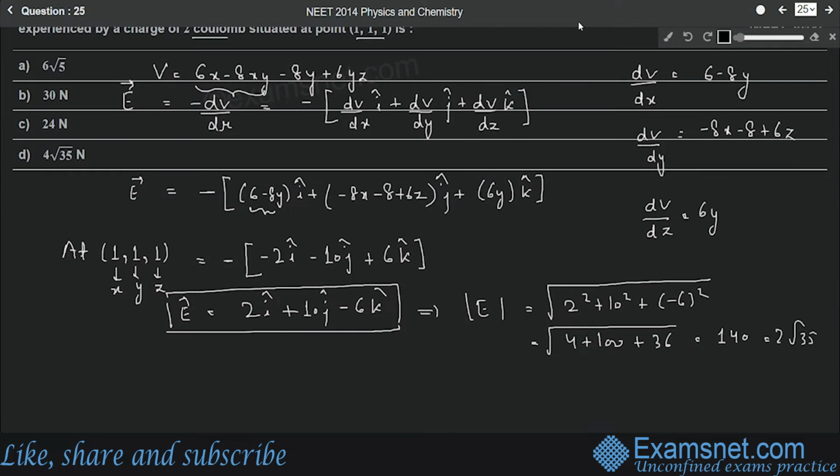So this is the value of electric field. Now we can find out the force, that is equal to charge into electric field. Okay, so charge is given as 2 coulomb, and electric field we have calculated as 2 root 35. So the force will be 2 into 2, that is 4 root 35. Okay, and the unit of force will be Newton. So the correct answer will be 4 root 35. That means option number D is the correct answer.